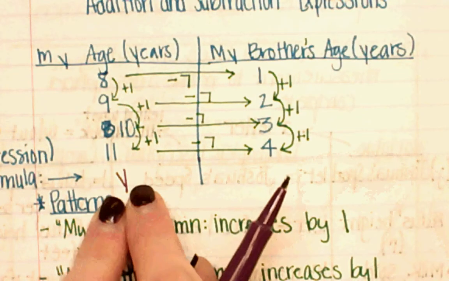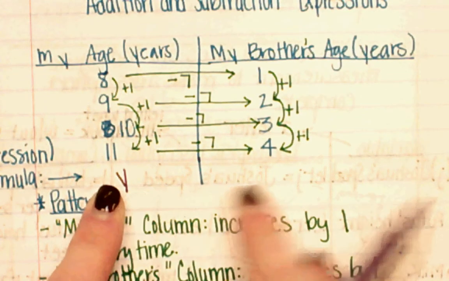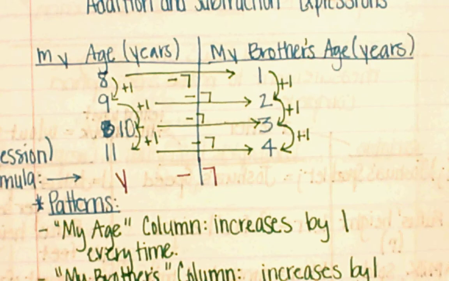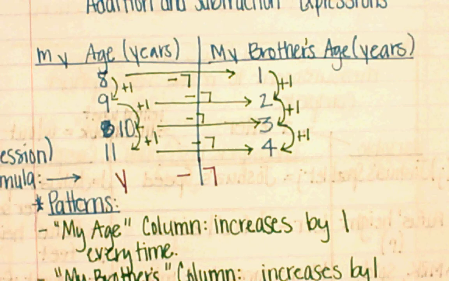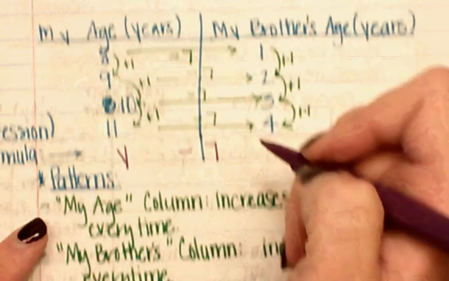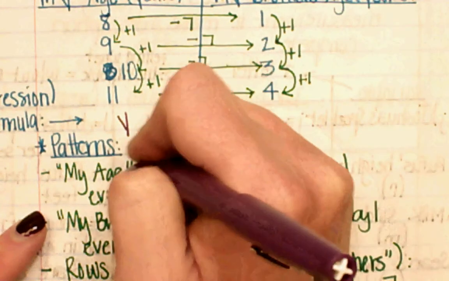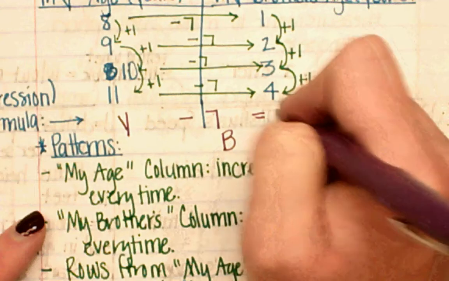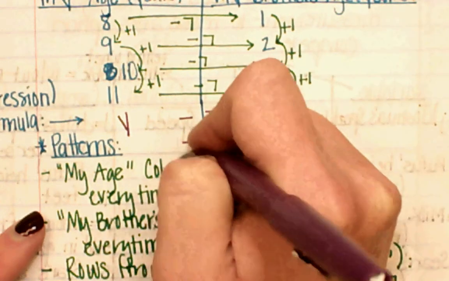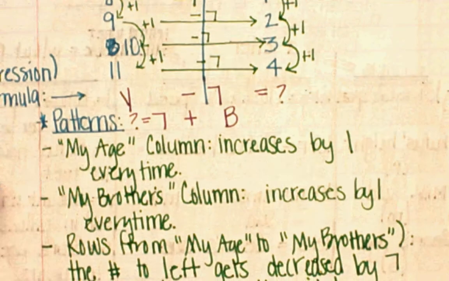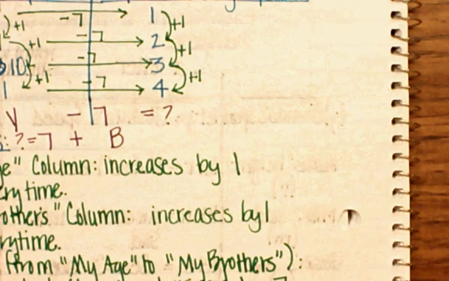If I know my age, to find my brother's age, I would need to minus 7. If I know my brother's age, and I'm trying to find my age, then I'm going to add 7 to get my answer. And let me show you how that works.